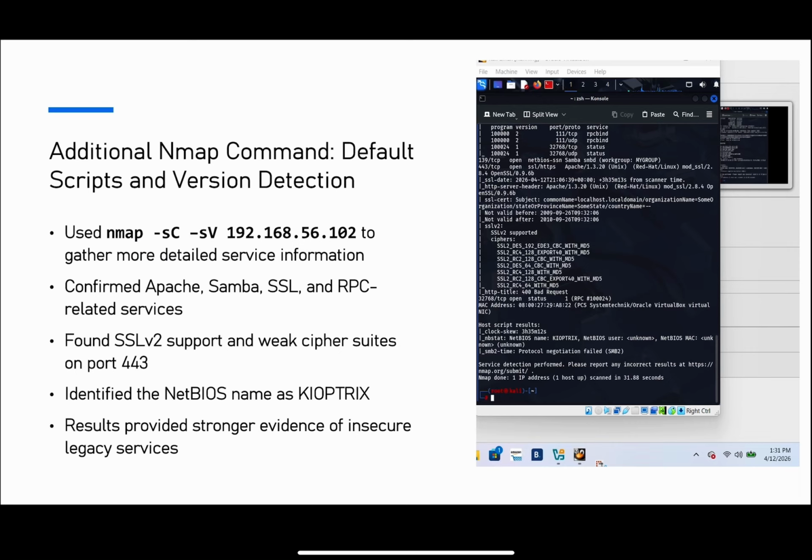It showed SSLv2 support, weak cipher suites, certificate details, and the NetBIOS name Kioptrix. These results gave stronger evidence that the target was running insecure legacy services and weak cryptographic support, which increased the likelihood of exposed flaws.